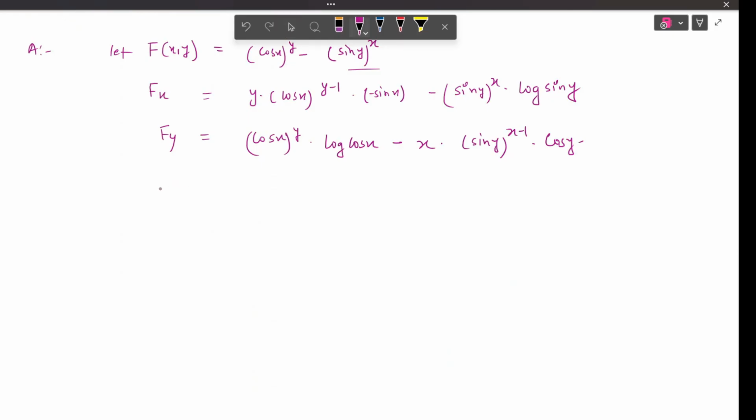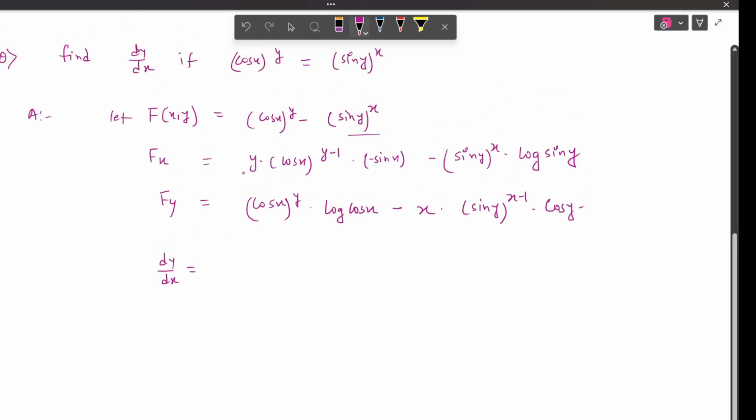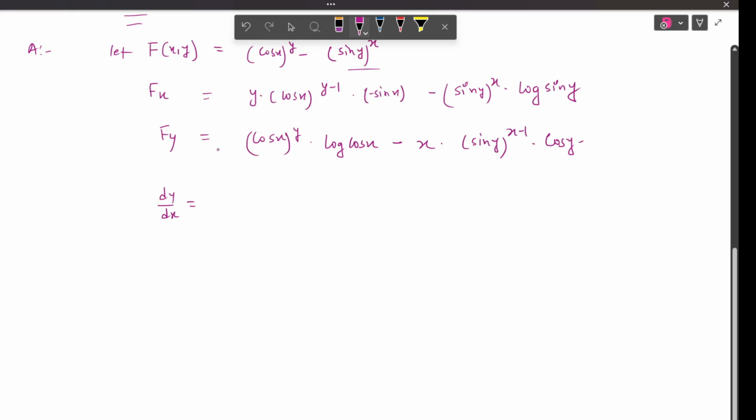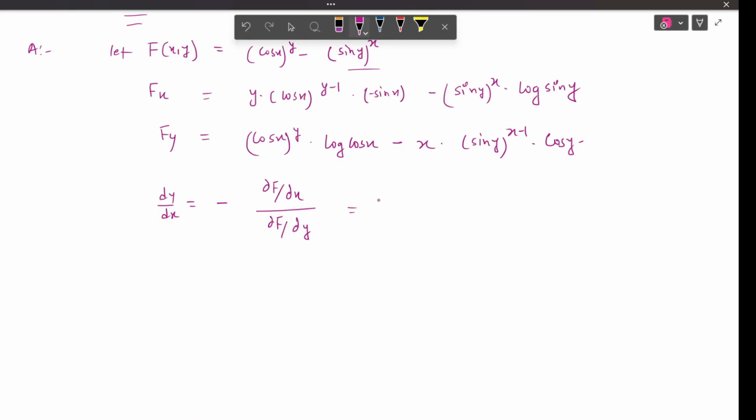From theorem 1 we can say dy by dx, because the question is to find dy by dx, so it would be minus delta f upon delta x by delta f upon delta y. So let's divide it.